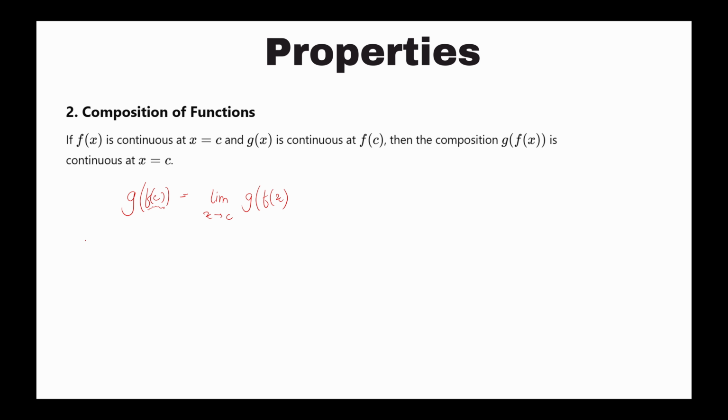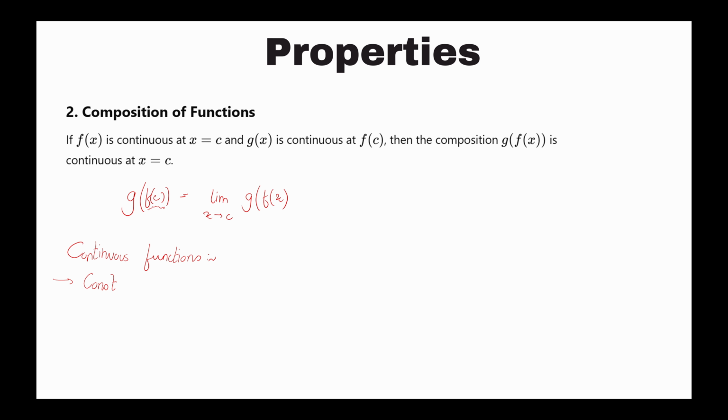Now let me tell you a few continuous functions. Whenever you see these types of functions, you know that it is going to be a continuous function. So you must remember this. First one: if you have a constant function, let's say y equals 7, it is going to be a straight line.